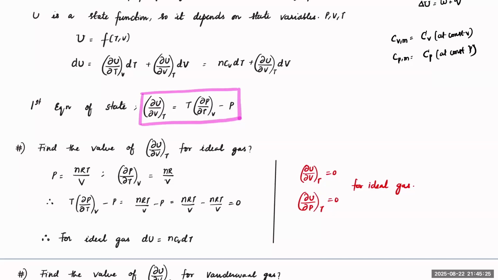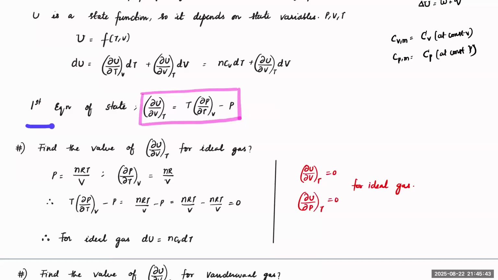But my request is, if you could remember this part, it helps you immensely when you are solving questions, and it becomes very easy to understand what exactly is going on mathematically.